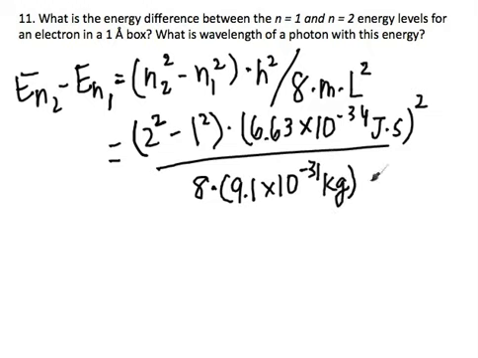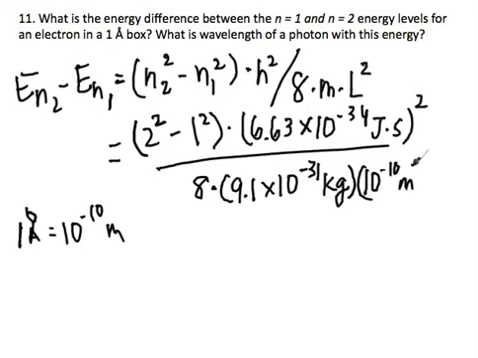Then the length of the box is given in angstroms. So 1 angstrom is equal to 10 to the negative 10 meters. This one is an important constant also to remember. So we have then 10 to the negative 10 meters squared.